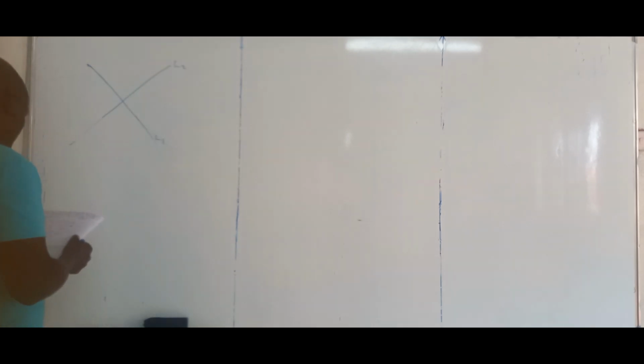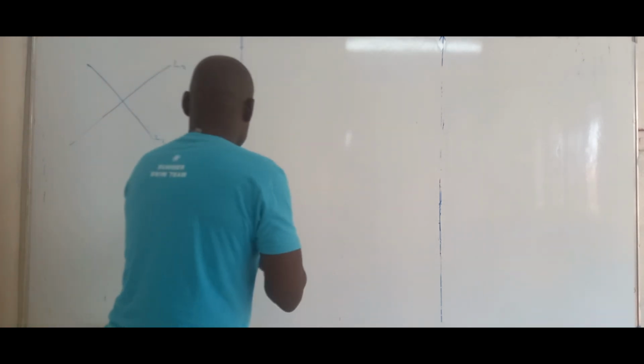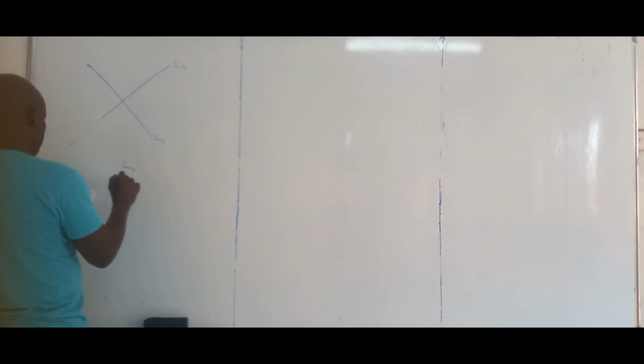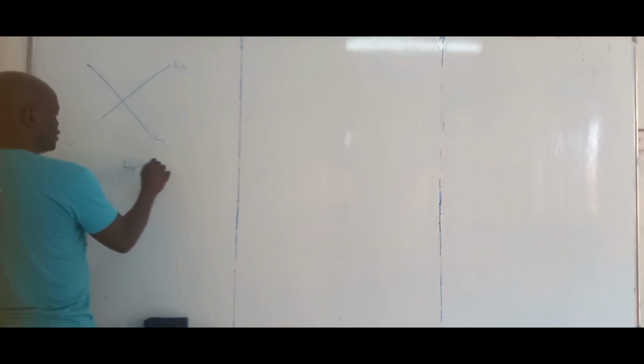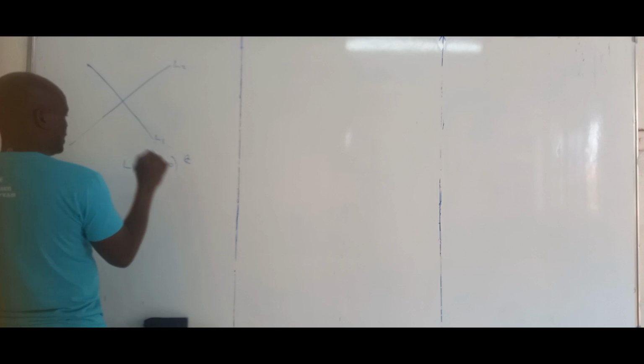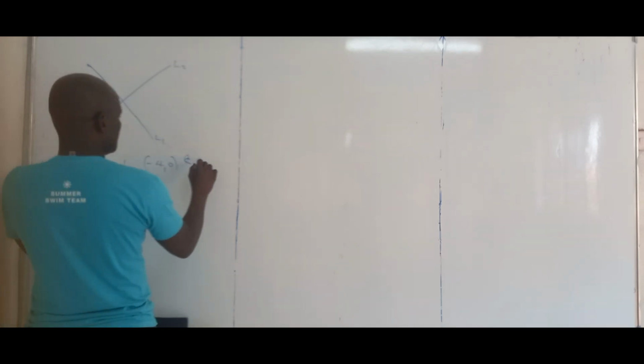And we are told that L1 passes through the points -4, 0, and another point it passes through is 0, 6.